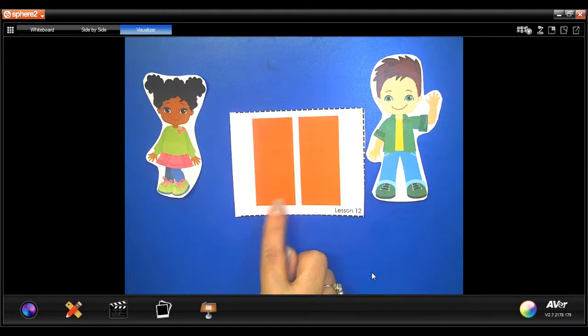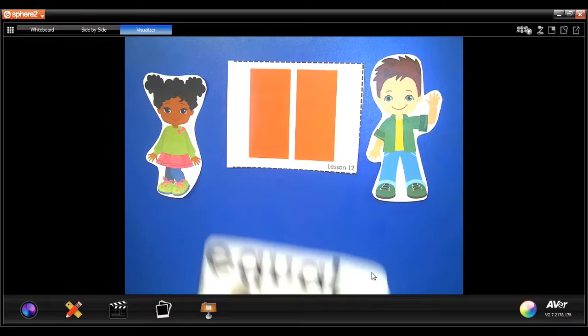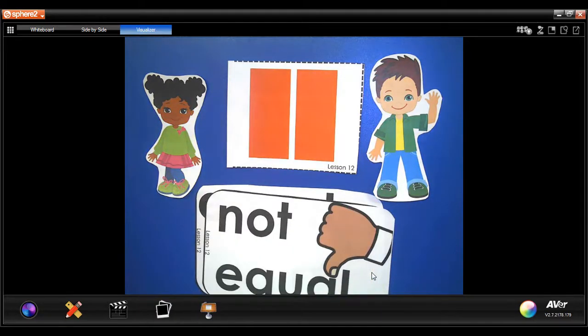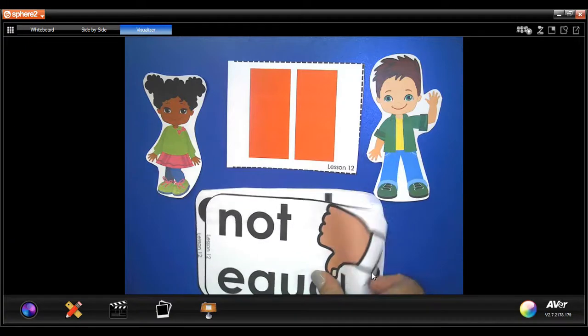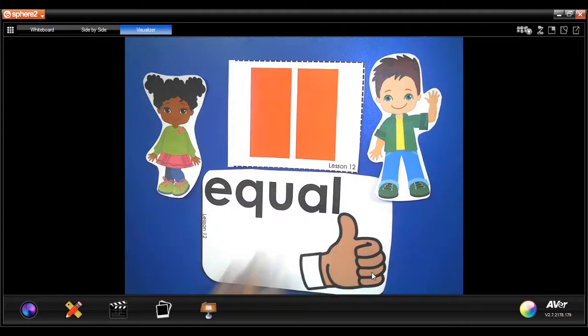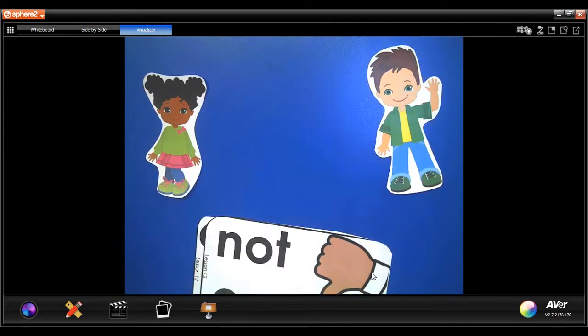Do they look about the same size? Are they equal, or are they not equal? They're actually equal because they're both the same size.